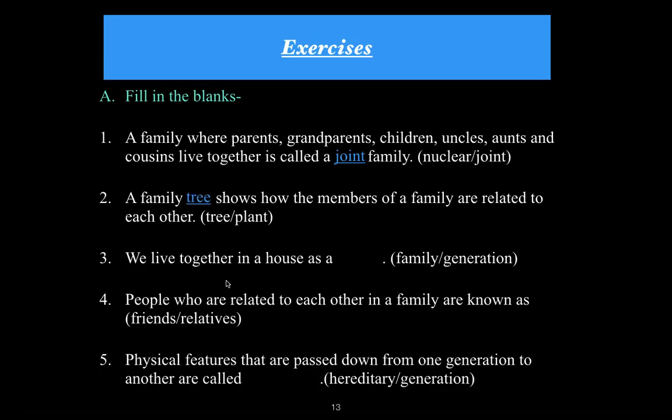Third, we live together in a house as a family. Good. Fourth, people who are related to each other in a family are known as, relatives. Good. Next, fifth, physical features that are passed down from one generation to another are called hereditary. Good job, children.